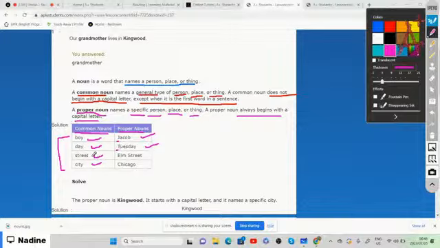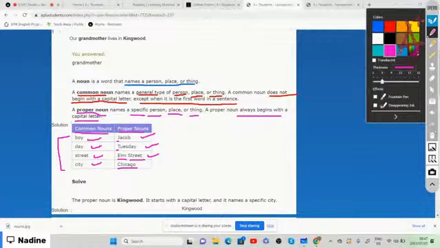Instead of just using a general street, because this can be any street, it is identifying Elm Street, and that is also written with a capital letter. And instead of just mentioning any random city, or a general city, we can specify by saying Chicago City, and that also starts with a capital letter, right?